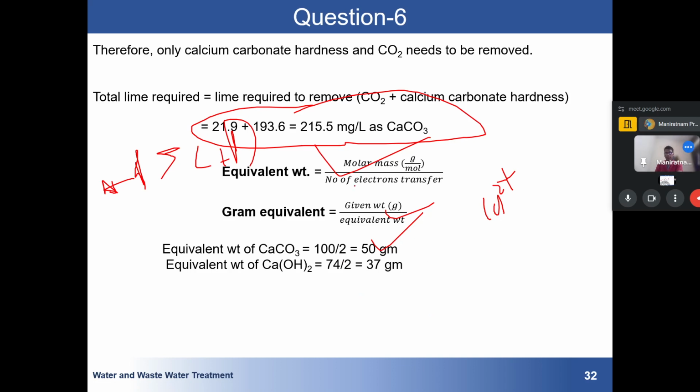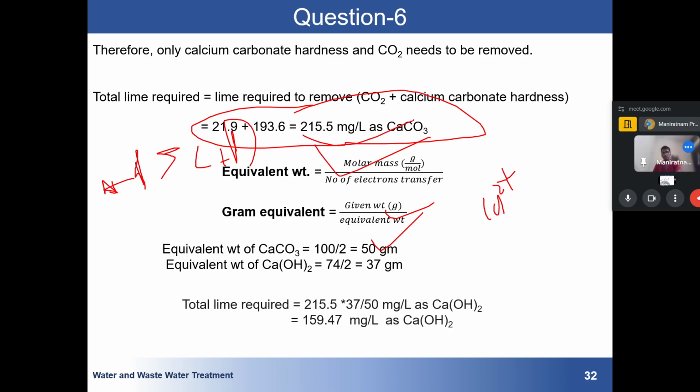So you know that this much amount of milligram per liter as CaCO3 I have to remove, and it is in the form of calcium carbonate. So now I have to convert into calcium hydroxide. So I will divide this by the equivalent weight of calcium carbonate, that is 50, and then multiply it by the equivalent weight of calcium hydroxide.